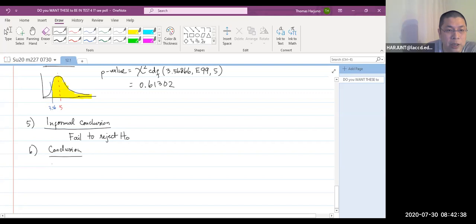Let's use 5%. At 5% significance level, there is insufficient evidence to reject.